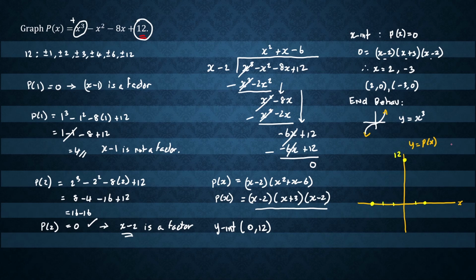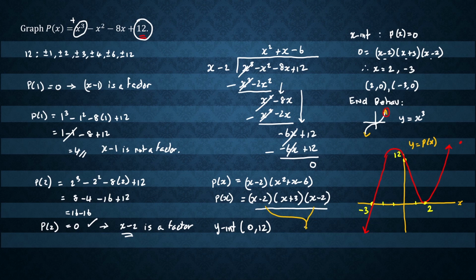So we know that the graph starts up in this direction, up here. So we'll come down to our first x-intercept. We need to turn here because we need to go up to our y-intercept. We go up through the y-intercept, we turn somewhere and come down for the other x-intercept. Let's label those as 2 and negative 3.